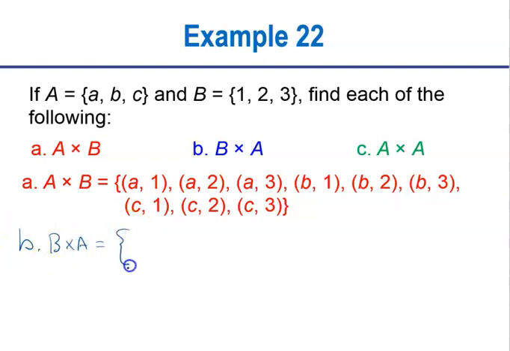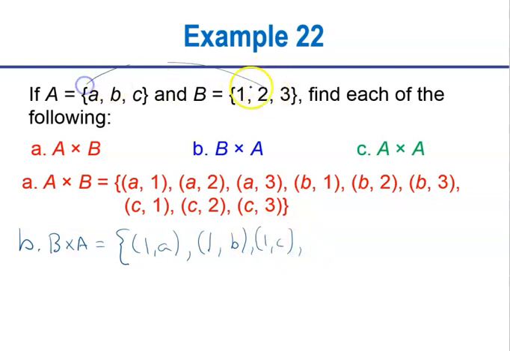Now question B, I need B cross A. I need my curly brackets to denote a set. B comes first, so I need to put 1 with A, so 1 from B, A from A. Then I put 1 with B, and 1 with C. Then I move on to 2.